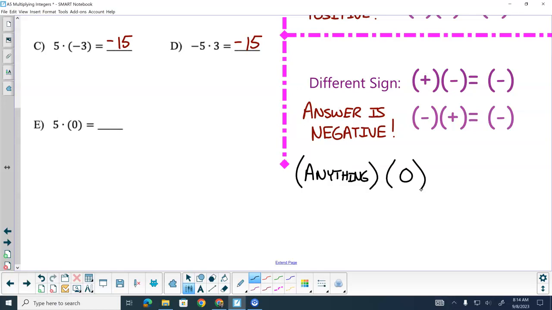It's 0. Yep. Anything times 0 is always 0. So in E, 5 times 0 is 0. Anytime that you multiply by 0, it's 0.